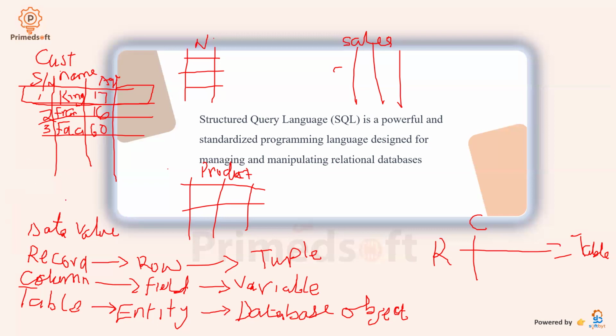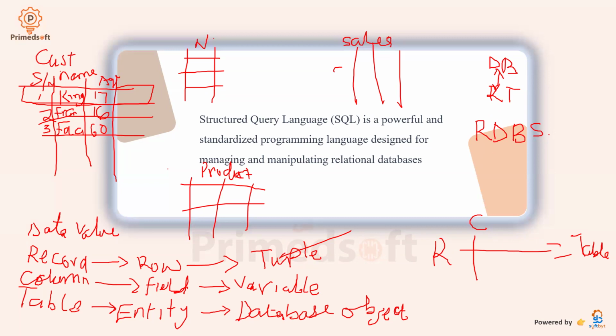Now, when we have this database with related tables, we have what you call an RDBS, relational database system.